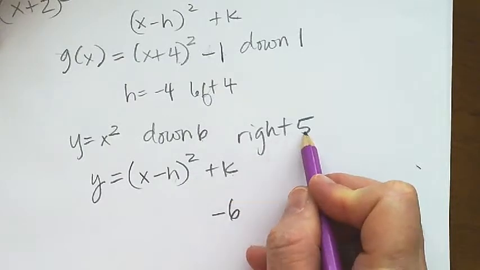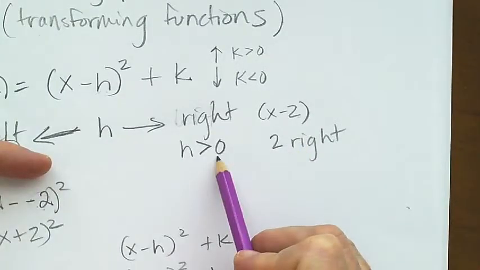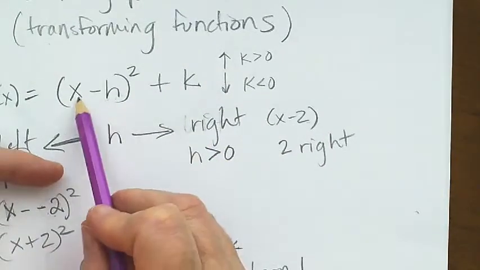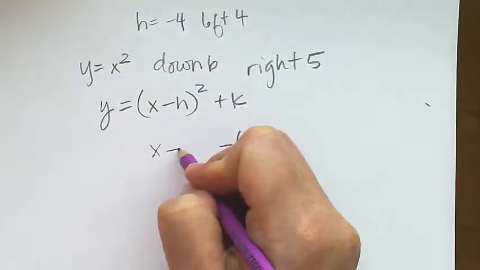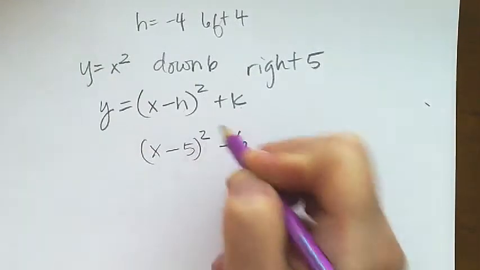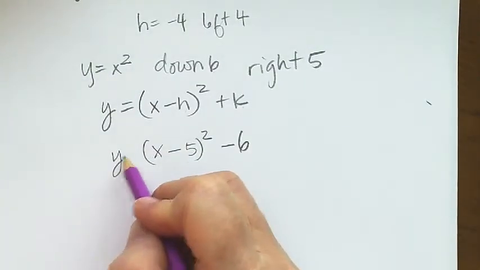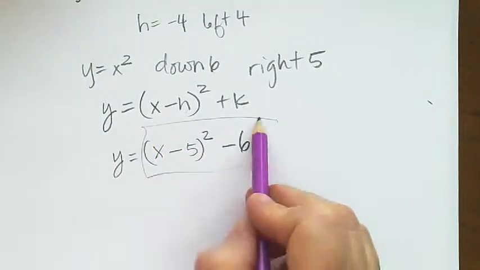Now it's moving right 5, so if it's right, h is positive, which means the minus is going to stay negative. So it's going to be x minus 5 squared. And you would just type that in for the equation. Actually, I think you would just type in this part.